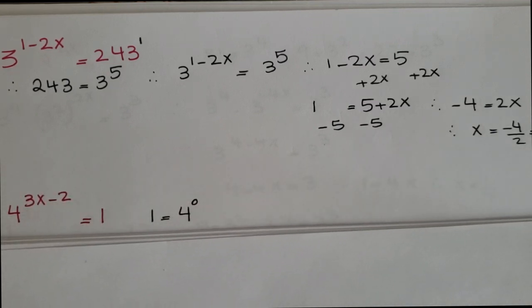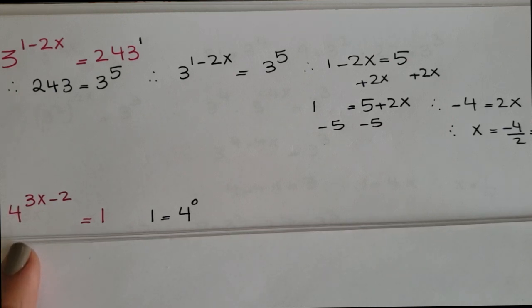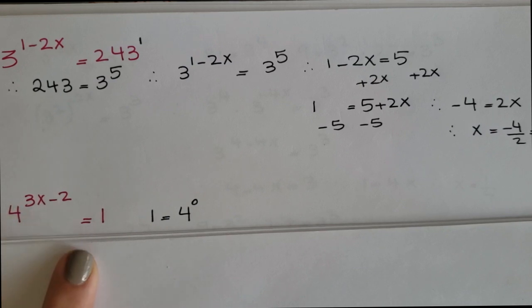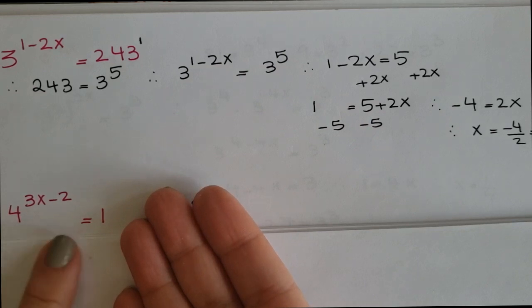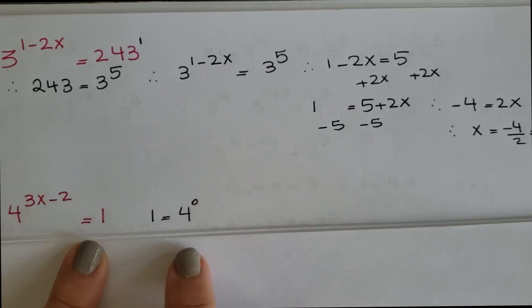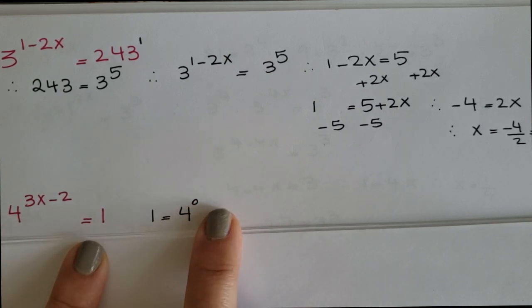Let's move on to example 6. So here on one side of the equation, I have 4 to the power something, and on this side I have 1. As you can see, the bases are not the same, and the exponents are not the same. What I know from the rules is that 1 can be written as 4 to the power 0.